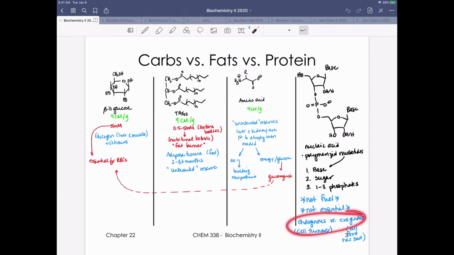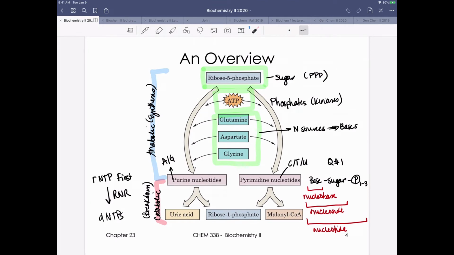But we do have to think about sort of endogenous and exogenous sources, right? All food has DNA, but as our cells turn over, we have our own cellular DNA that we need to think about. So from an overview standpoint, right, we kind of have this concept that this top part really talks about how we synthesize nucleotides. And so this is sort of a synthesis process.